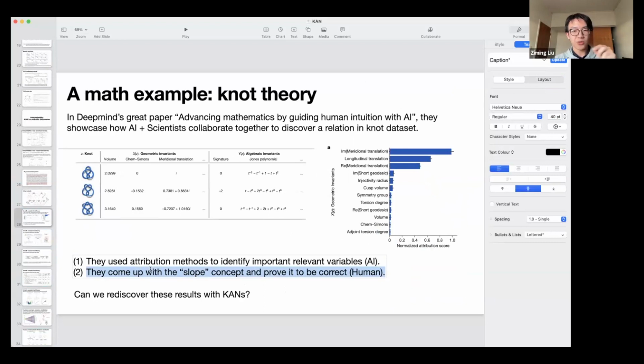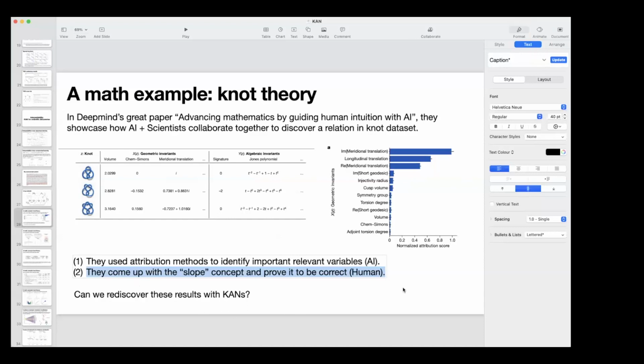They use AI to identify the important relevant variables. They use MLP, and we use CAN, and the human came up with the slope concept, but CAN can discover the slope concept. The human proved the inequality, and we did not reproduce this part of their results in the CAN paper. Oh, I see.